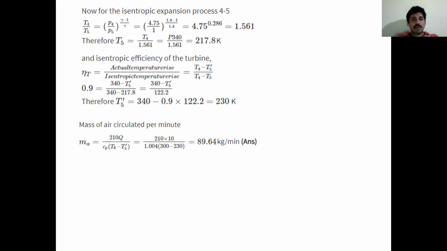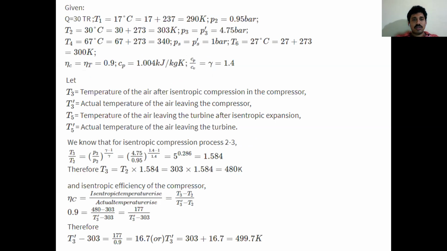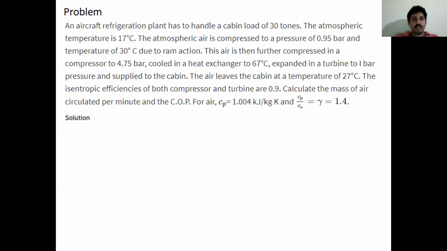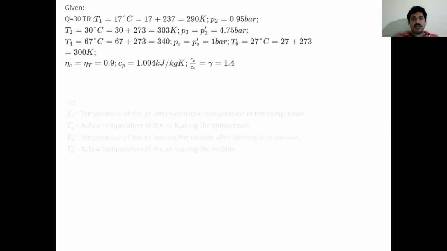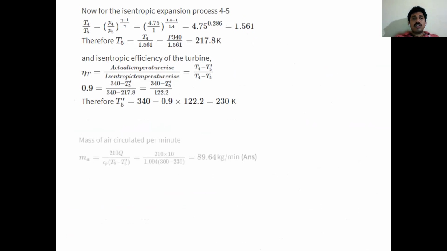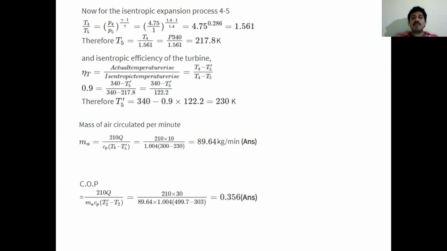I think it is a print mistake: 210 into 30 by 1.004 into (300 minus 230). Just a minute, I think the data is different. So you will be getting 89.64 kg per minute.